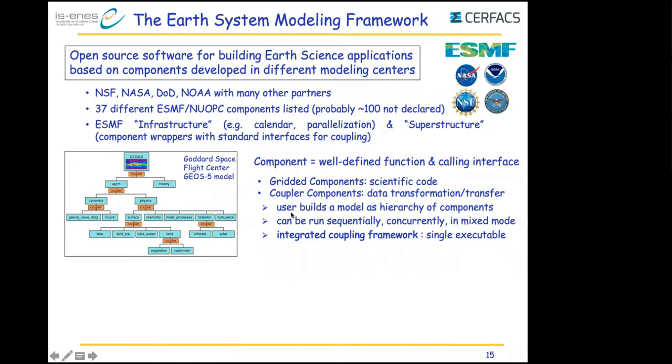And as I said, the user builds a new model as a hierarchy of components. And in this new executable, the components can be run sequentially, concurrently, or in a mixed mode. So this follows what I call the integrated coupling framework approach. Everything is reassembled into one big executable.